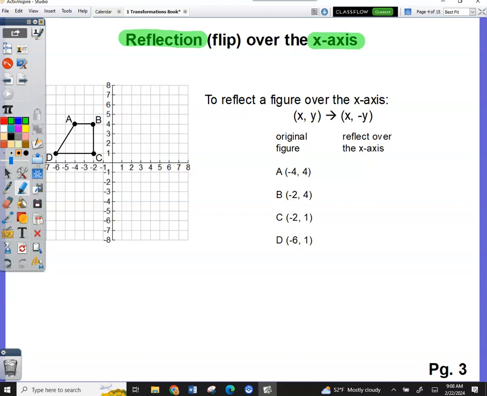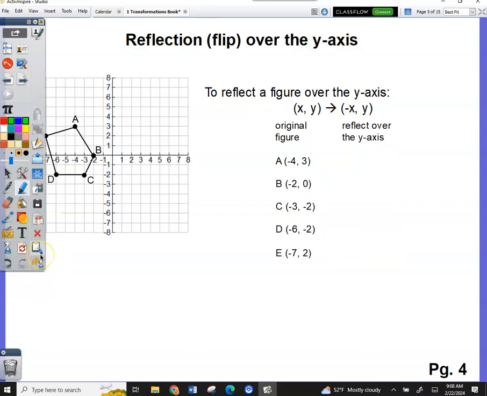We've got a reflection over the x-axis. We've got a reflection over the y-axis. We're going to highlight these so they stand out in our book.